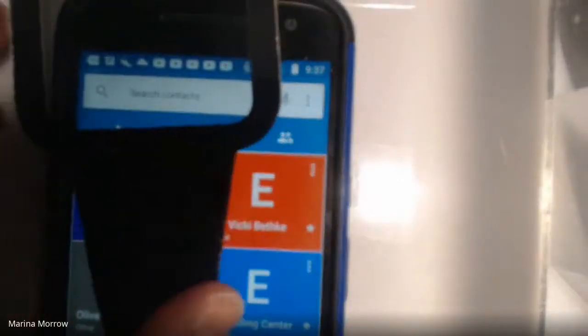Also, your cell phone is polarized. If you're wearing Polaroid sunglasses, sometimes it's a problem for people because they can't see their cell phone very well.